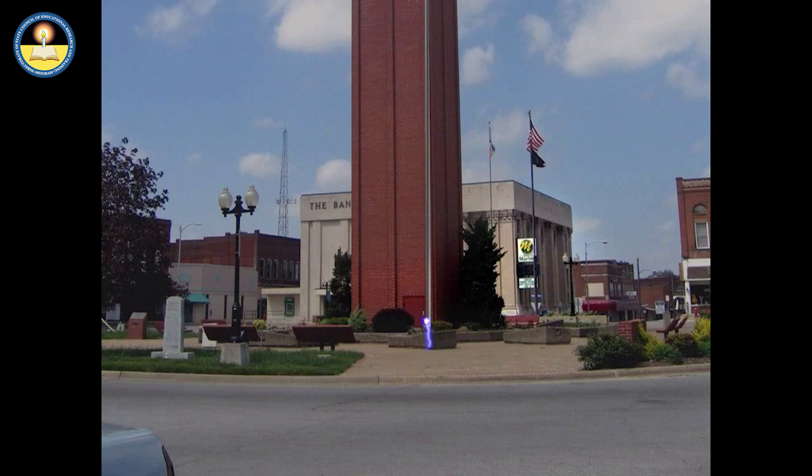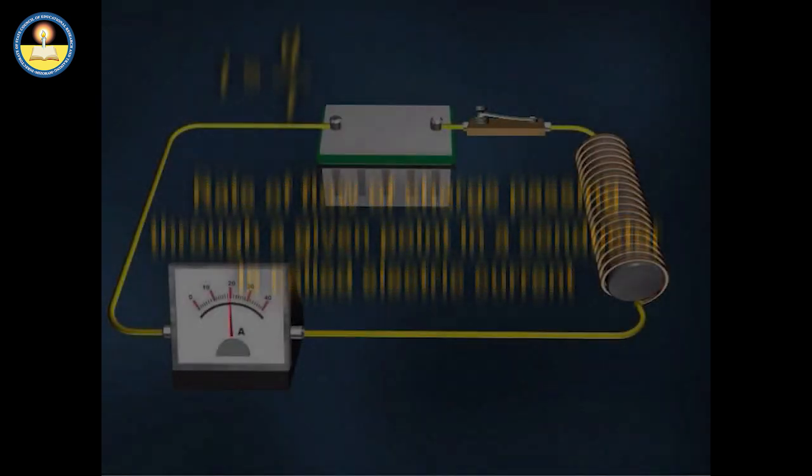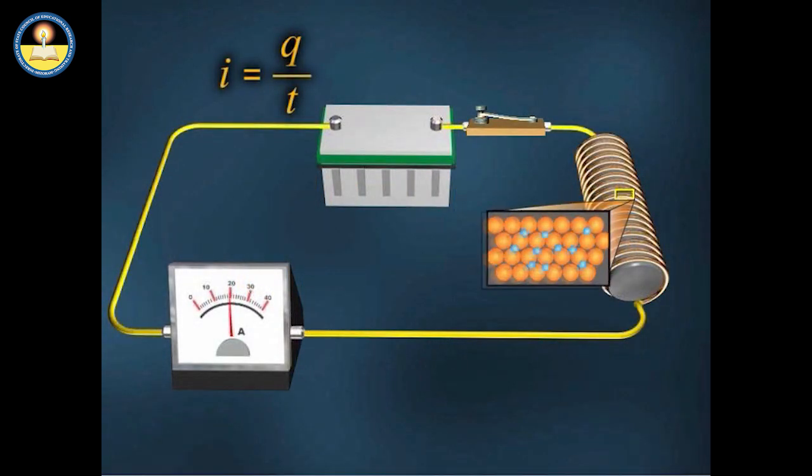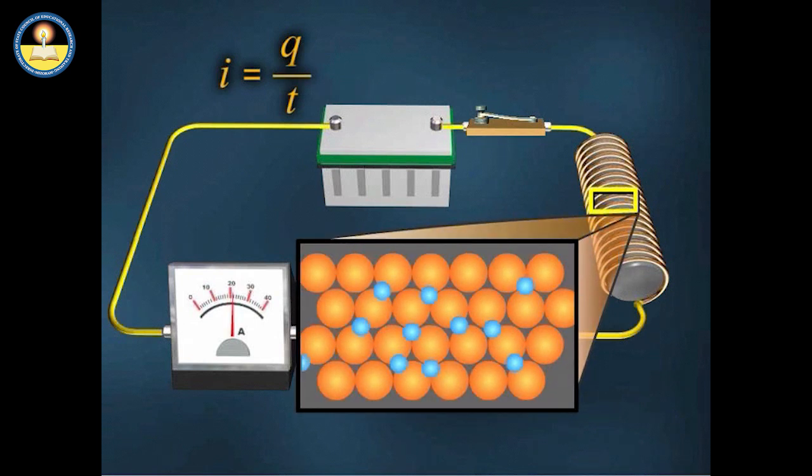In general, the rate of flow of charge passing through a given point in a conductor is called electric current. If charge Q passes through a fixed point of the conductor in time t, then the magnitude of the current flowing through the conductor is the ratio of the charge and time.